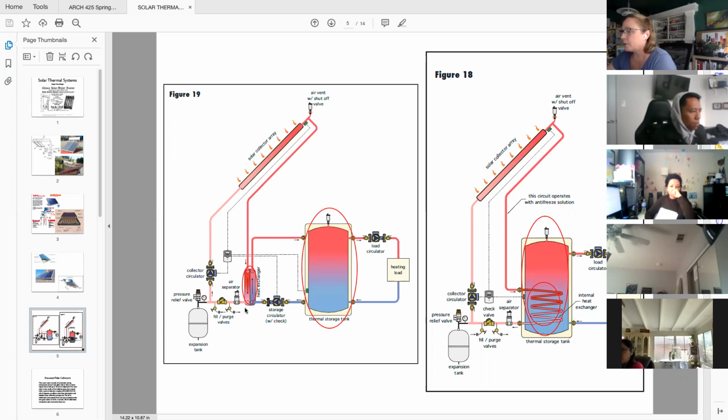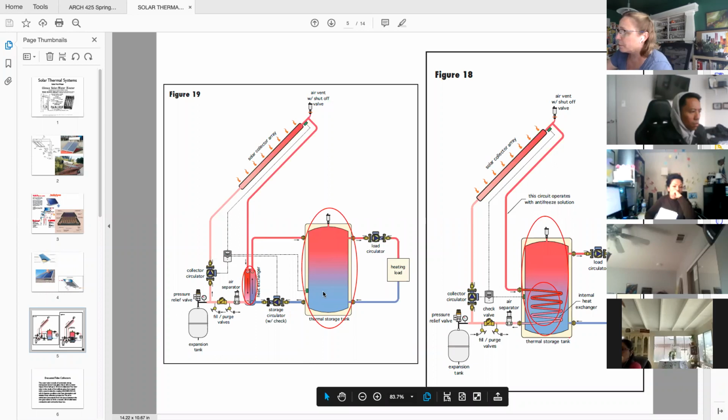And then the heat transfer occurs at the heat exchanger. In your storage tank, which is your domestic hot water, your domestic hot water is being pulled out for usage and then being refilled by the domestic supply, usually the municipal water supply system.